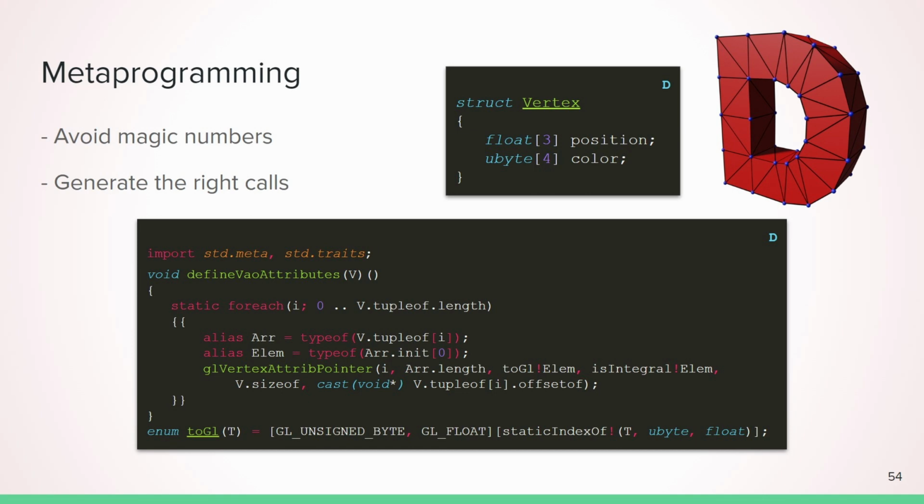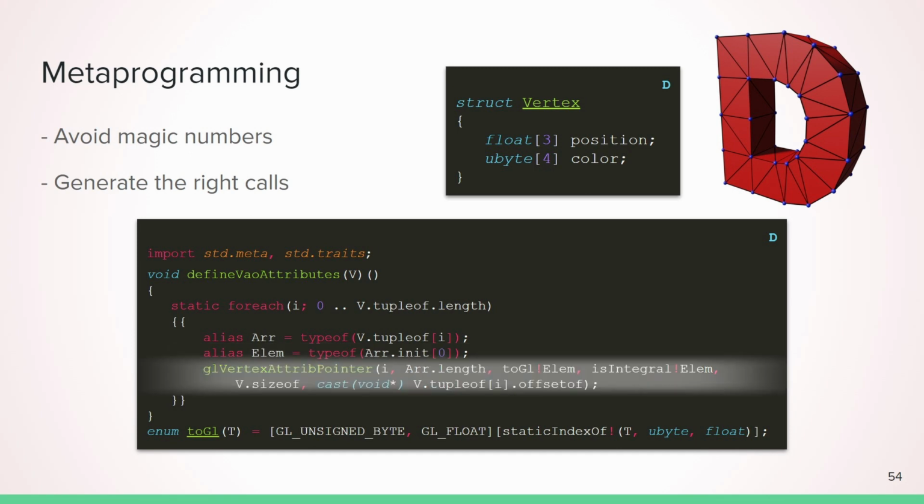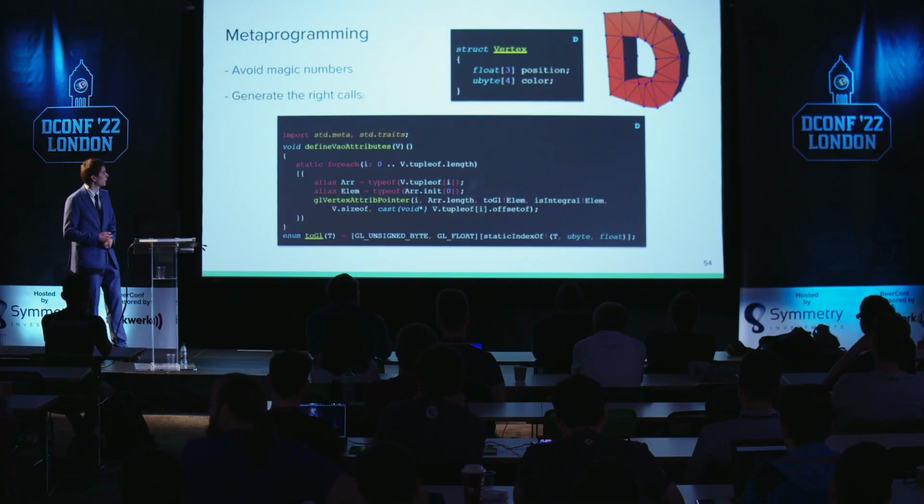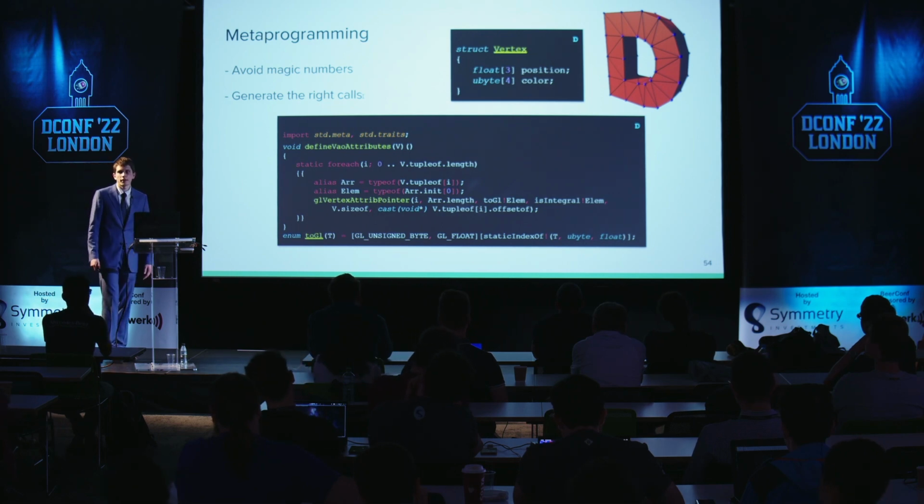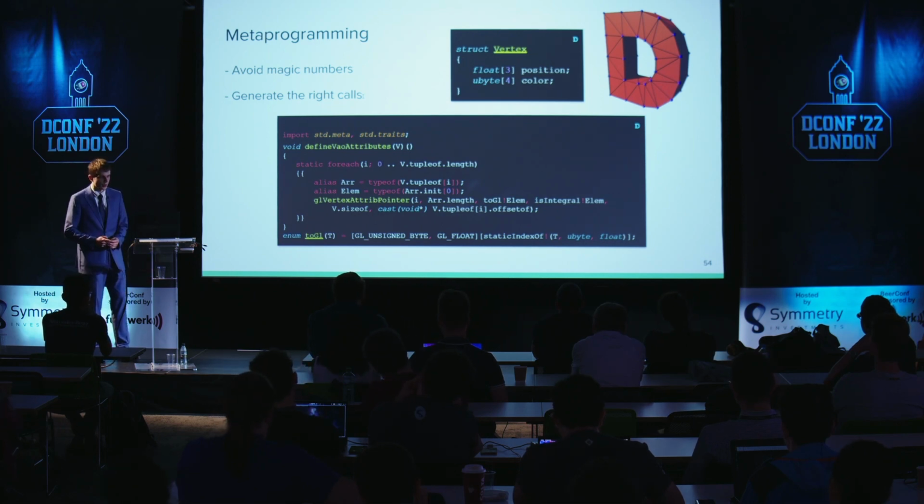What this little piece of code does is it defines a function that takes a generic vertex struct. Then it iterates over all its fields using tupleof. It queries the array type, it queries the element type, and then based on this inspection, it automatically passes the right constants to the function call. And this is very robust. I can just change my layout however I want, and it still works.